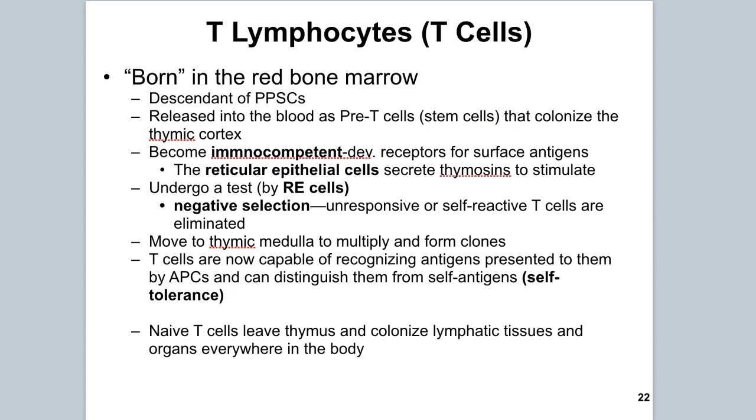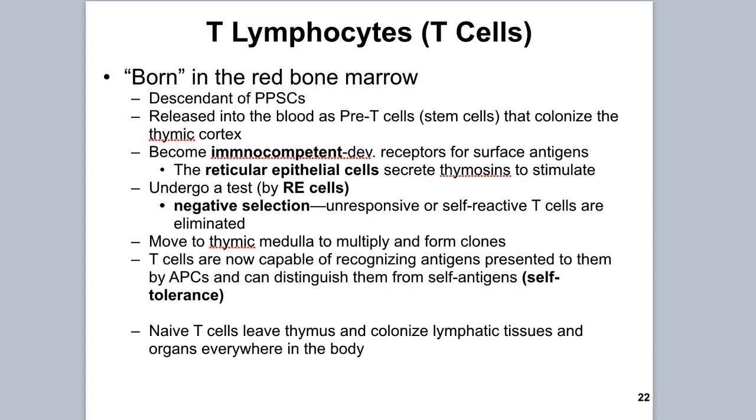Okay, let's go on. All right, so let's start with our T cells, our T lymphocytes first. We want to look at how they develop and how this makes them very well suited for the job they have in our body.